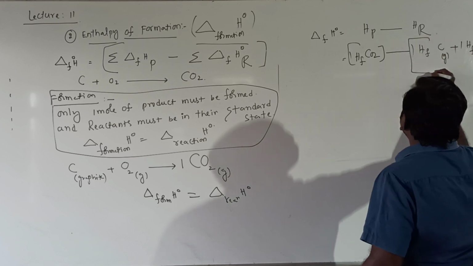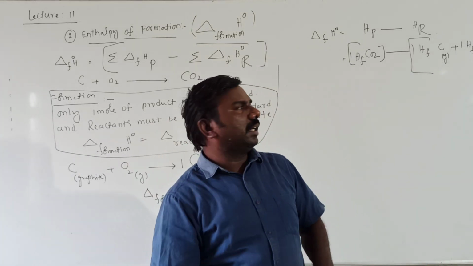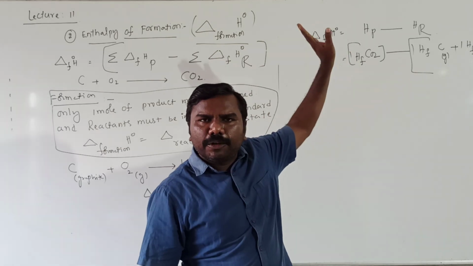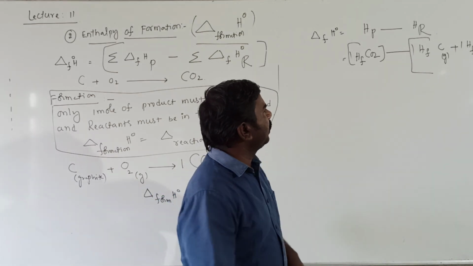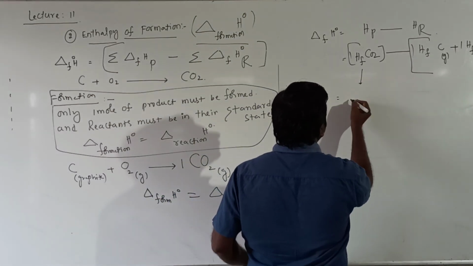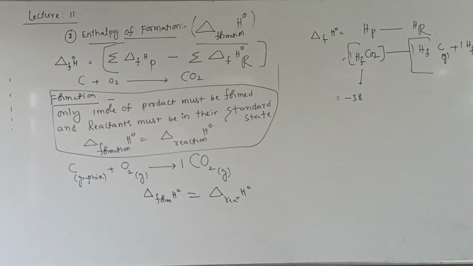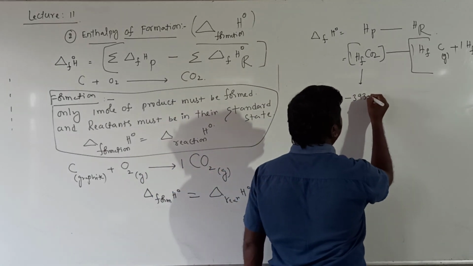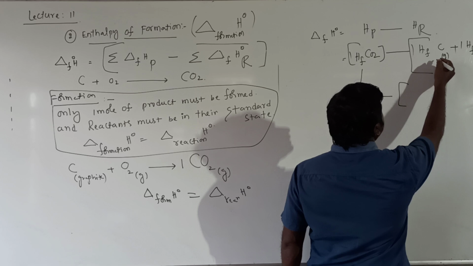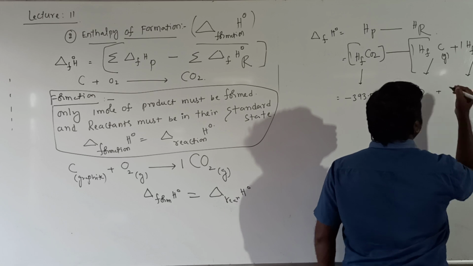Clear? These two are reactants and this is the product. Product minus reactants. The value is minus 393.5 kilojoules, minus this value, which will be 0, plus this value, which is also 0.